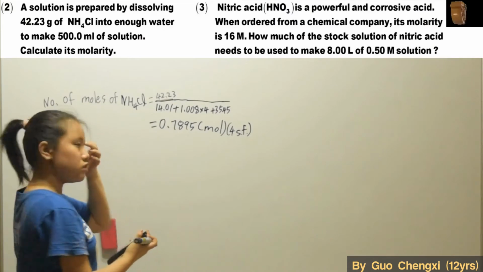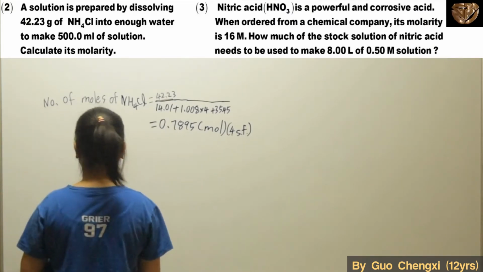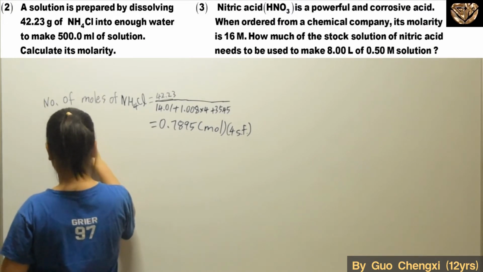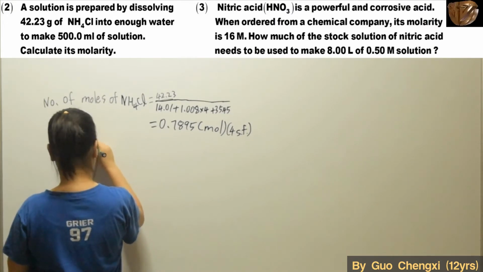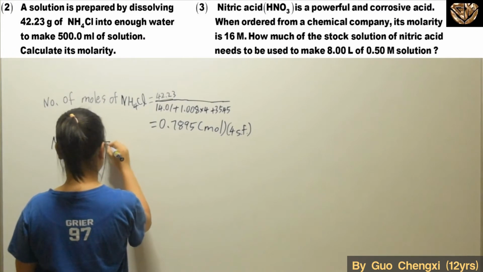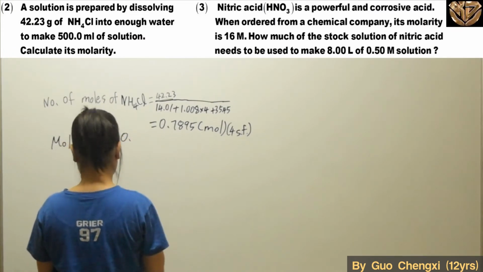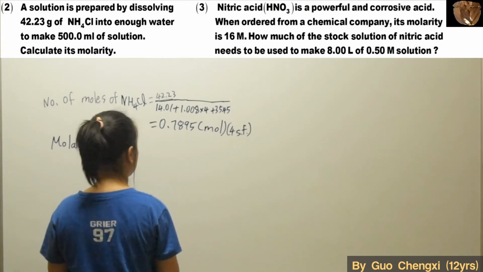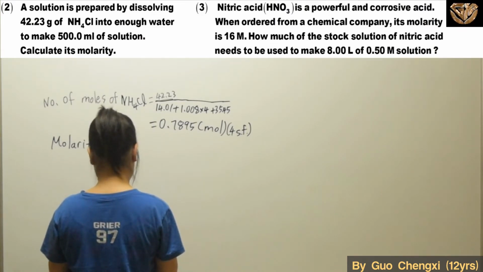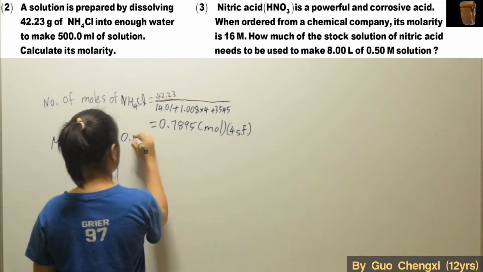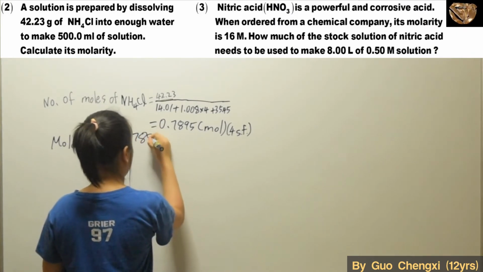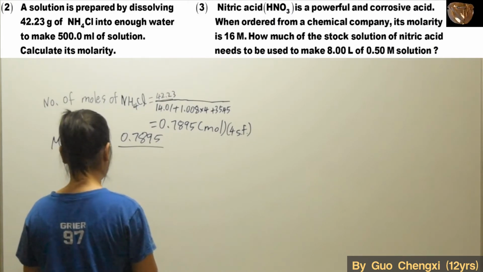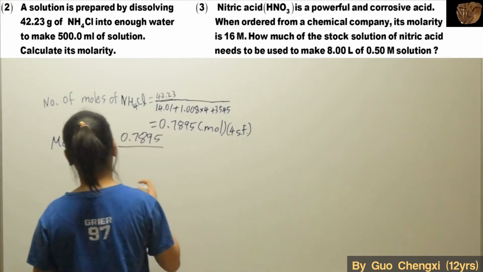Now that we've gotten the number of moles, we can calculate the molarity already. It is 0.7895 over the volume, which is 500 milliliters, or so you think.